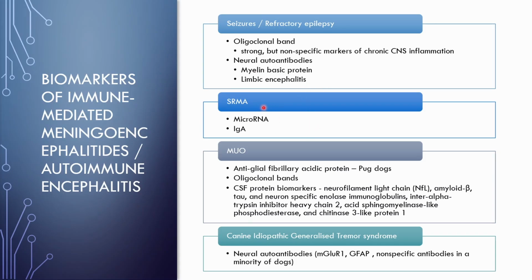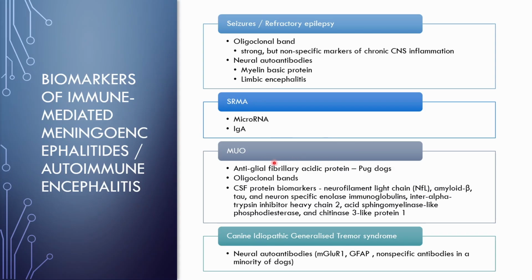As I've said before, there's quite a few studies which we'd like to have for steroid-responsive meningitis arteritis to be able to confirm that neutrophilic pleocytosis is something that should be treated with steroids, which would obviously be a bad thing to give to cases with infection. And they've looked at microRNA and, as I've said before, IgA.